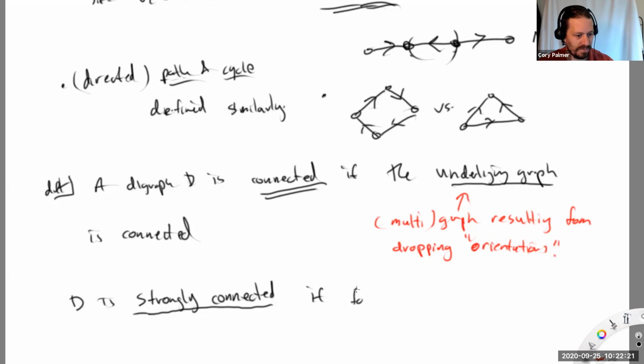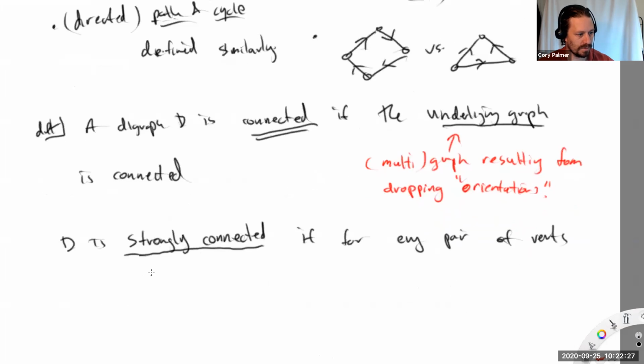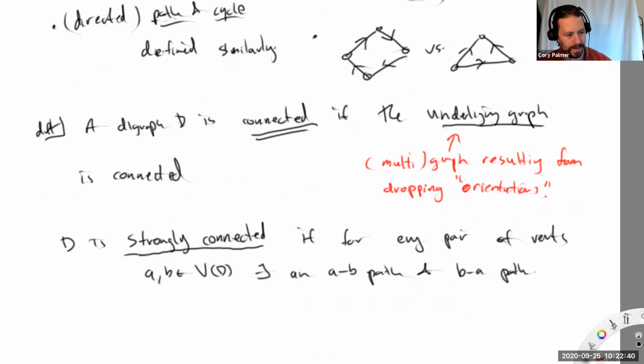So if for every pair of vertices, well, we used A, B, so let's say A, B in the vertex set of D, there exists an AB path and a BA path. Okay? You can define this a little bit differently. You could say for every ordered pair A, B, there exists an AB path.